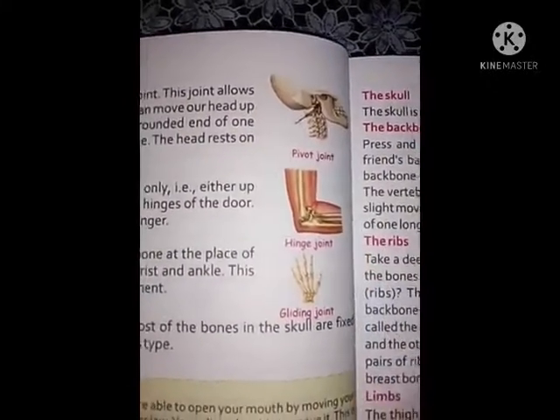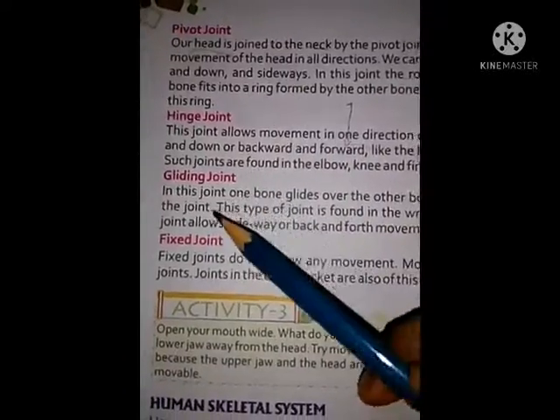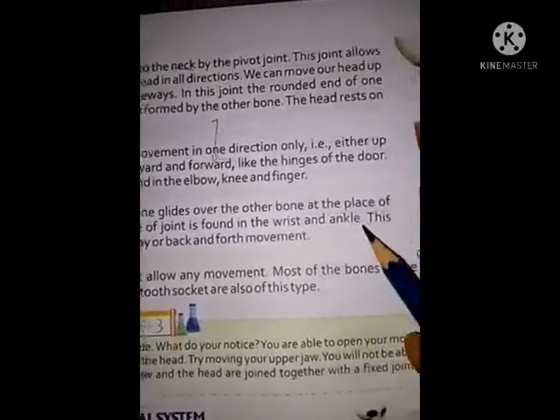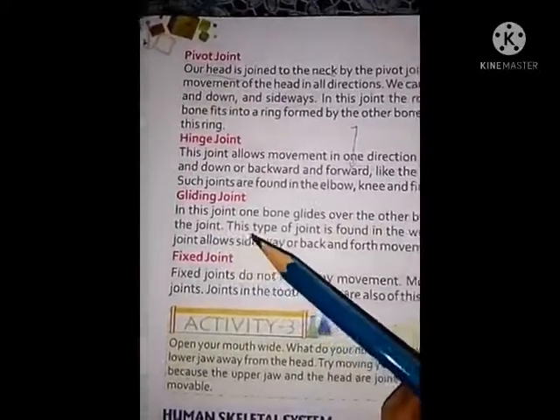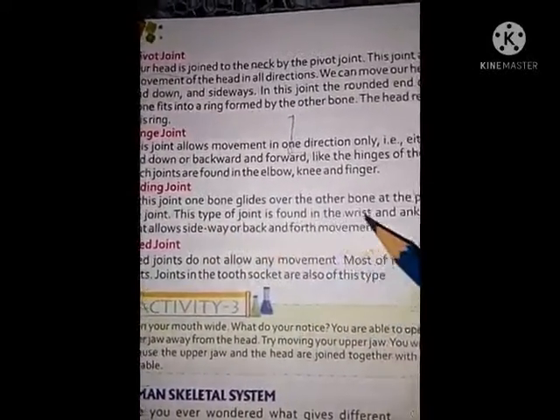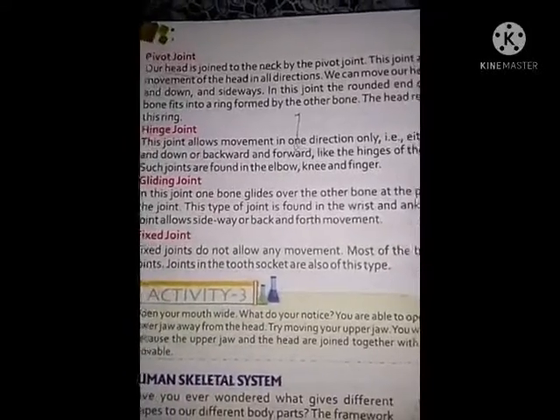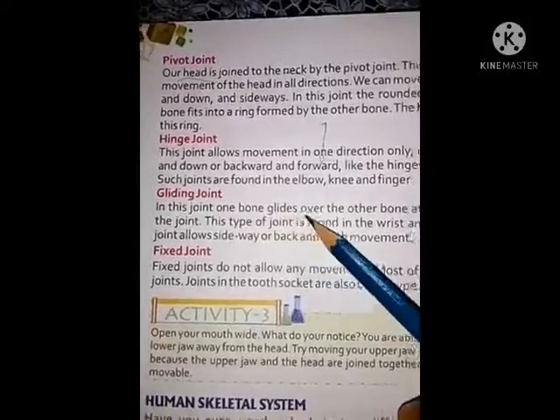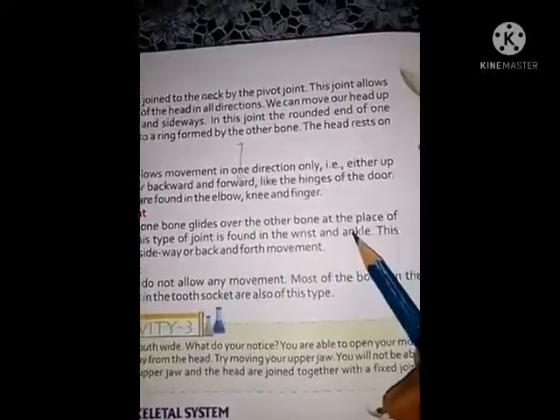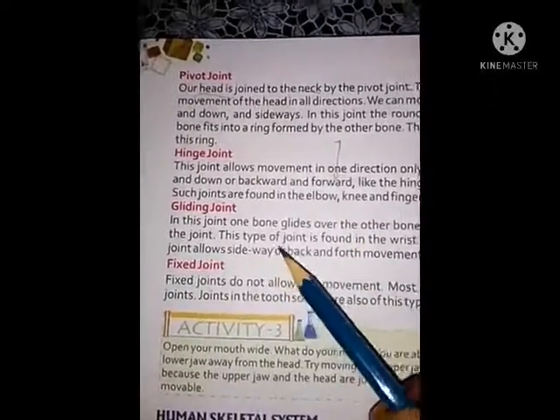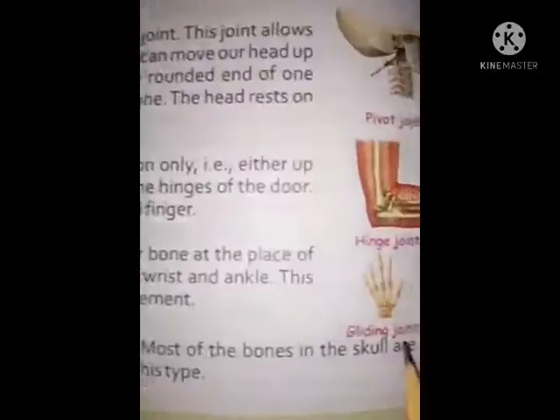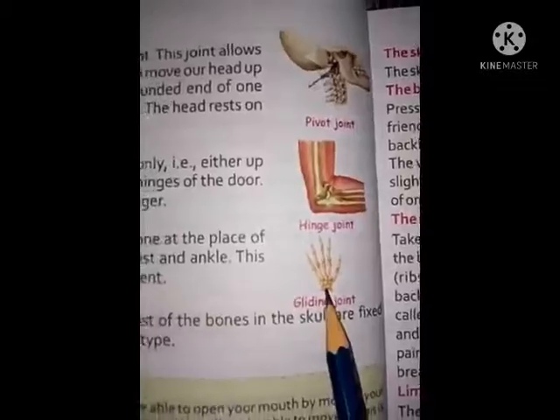Now see gliding joint. In this joint, one bone glides over the other bone at the place of the joint. This type of joint is found in the wrist and ankle. See, this is the gliding joint.